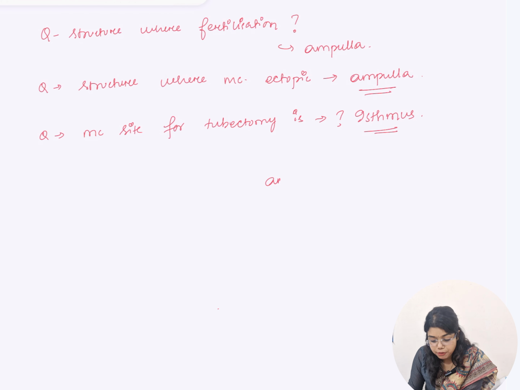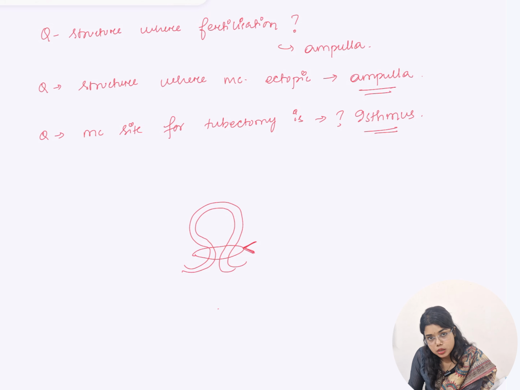It is difficult to ligate, it will slip. So in tubectomy, what are we doing? We are ligating the fallopian tube. Like this, we are ligating. So it is easy to ligate the isthmus because it is the second narrowest part.